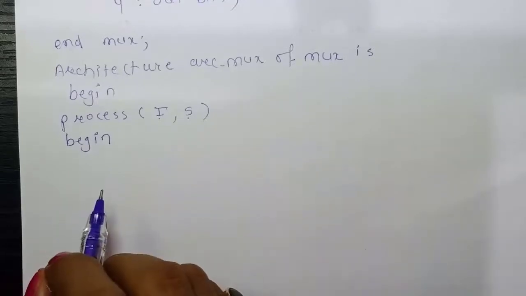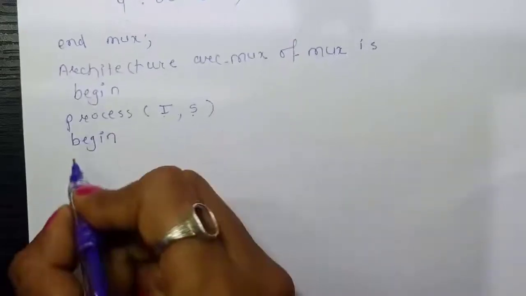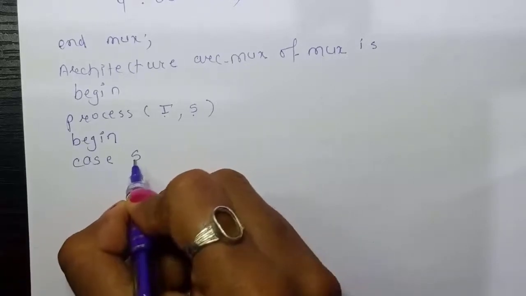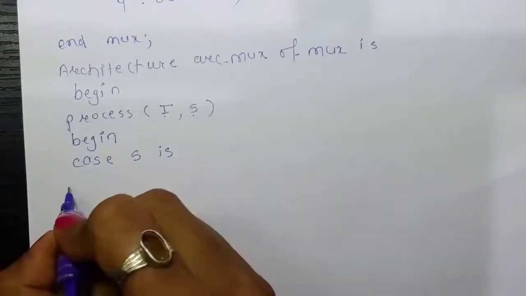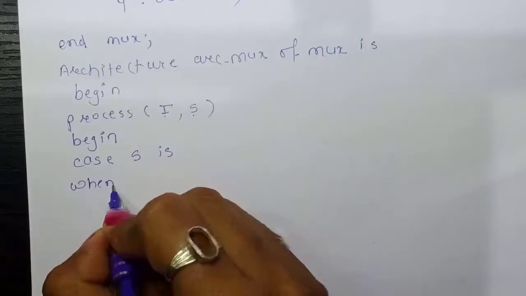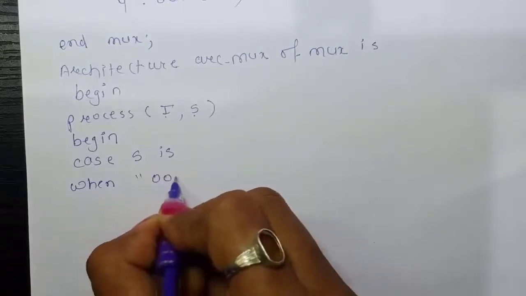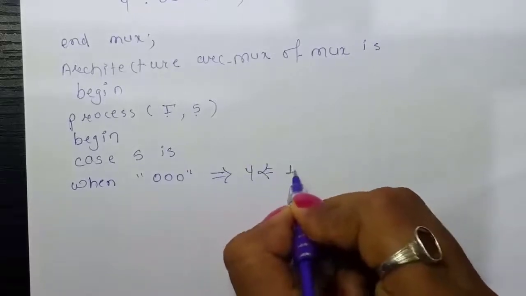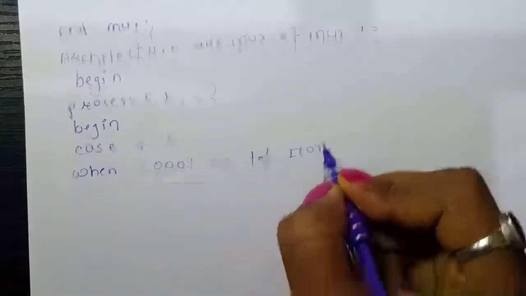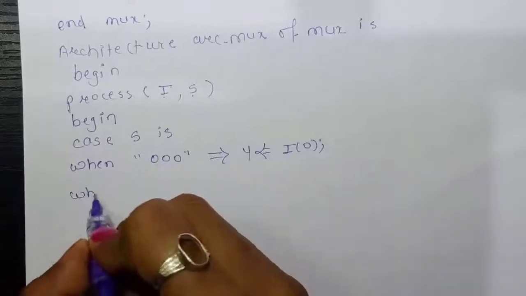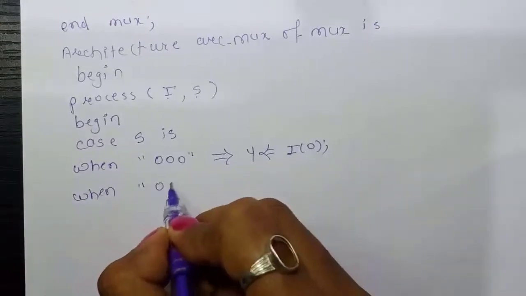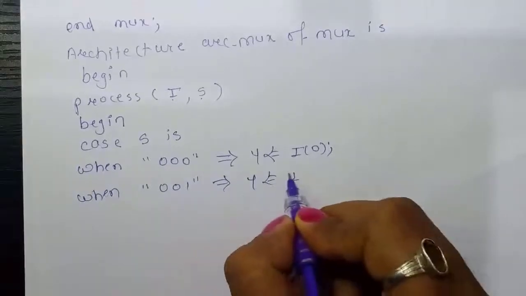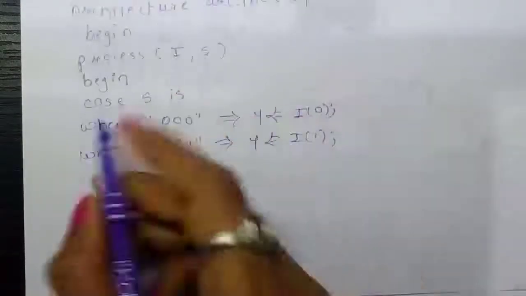Now you can use a case statement or you can use if statements. It again depends on you. Here I am using a case statement. Then case, the name of my case is S is. When my selection line is 0 0 0, then my output will be assigned I0. When selection line is 0 0 1, output will be I1.